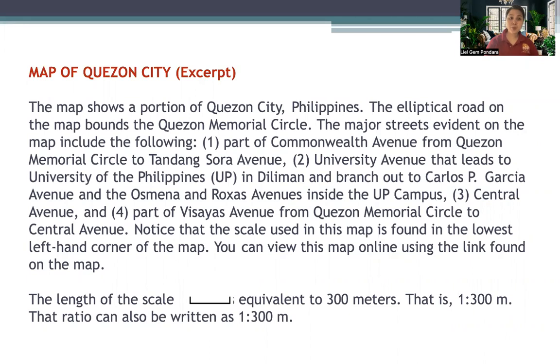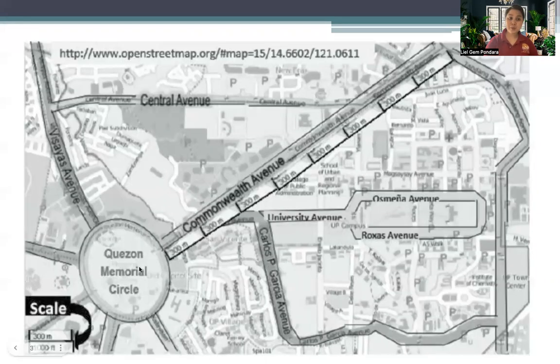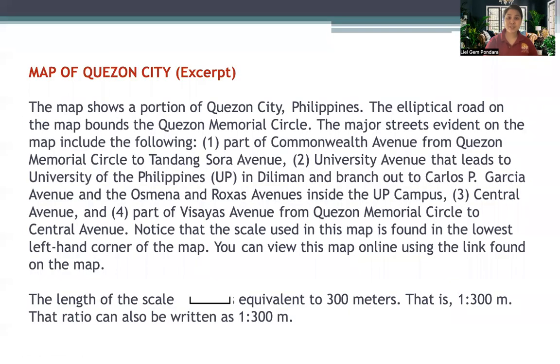The elliptical road on the map is the Quezon Memorial Circle. And there are major streets. I told you about the Commonwealth Avenue, the Tandang Sora, the University Avenue, the Carlos P. Garcia Avenue, the Osmeña and Rojas Avenues inside the UP campus, the Central Avenue, and the Visayas Avenue.